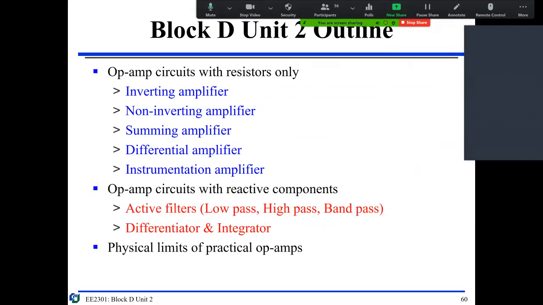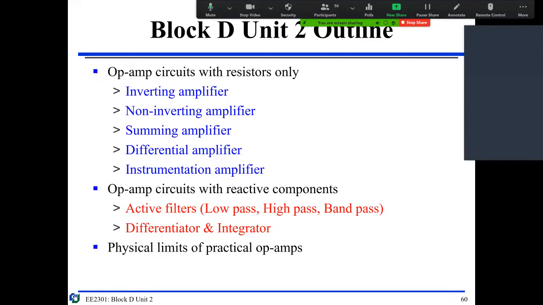So what we're going to do next is to get started on active filters. Active filters meaning you have low pass, high pass, but you are using capacitors, resistors together with op amps.